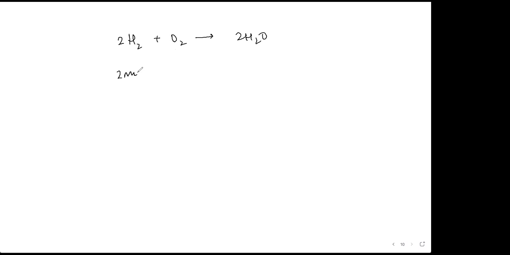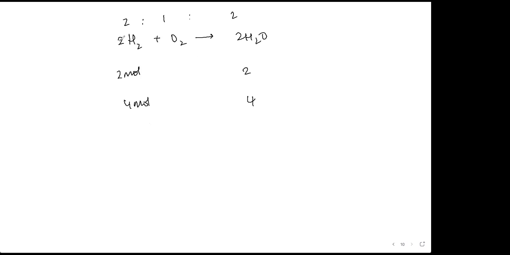If I take 2 moles of H2 and unlimited oxygen, how much water will be formed? 2 moles. If I take 4 moles of H2 and unlimited oxygen again, how much H2O will be formed? 4. Like this ratio is always constant. 2 is to 1 is to 2.